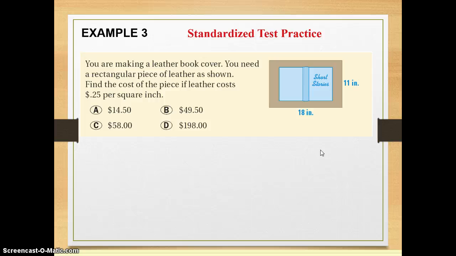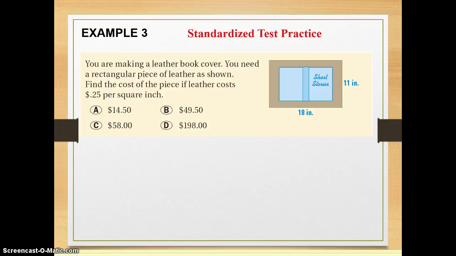Since the cost of leather is 25 cents per square inch, we will divide this by 25 cents. Correction. We first would multiply 18 times 11 to give us 198 square inches. That's the area of the leather to make the book cover.